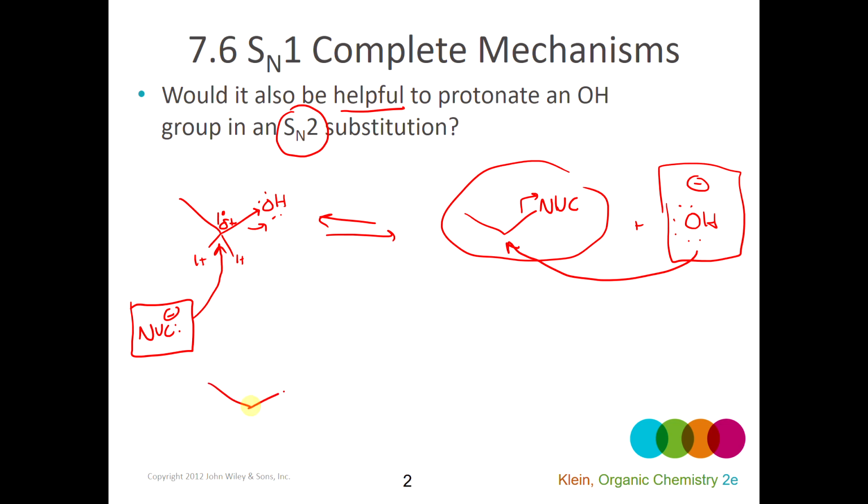We might not be as product favored as we want. But if we can protonate that OH group by adding an acid first, adding an extra proton on there, now it's positive, it's really pulling these electrons away, it really is trying to leave. It can't leave first because a primary carbocation is too unstable, so don't make any primary carbocations in your mechanism. They're too unstable.